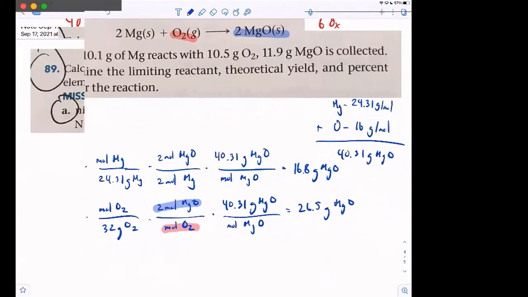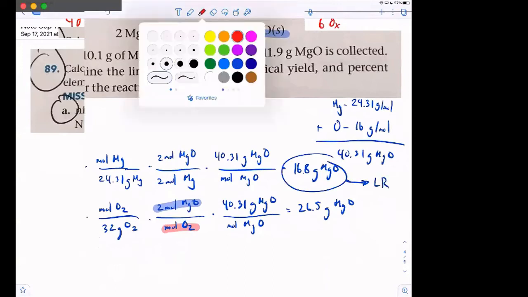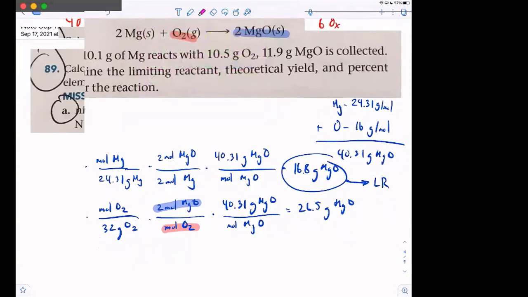But obviously this one here is the limiting reactant, which means the magnesium is the limiting reactant. It's also the theoretical yield. Our theoretical yield is 16.8 grams.